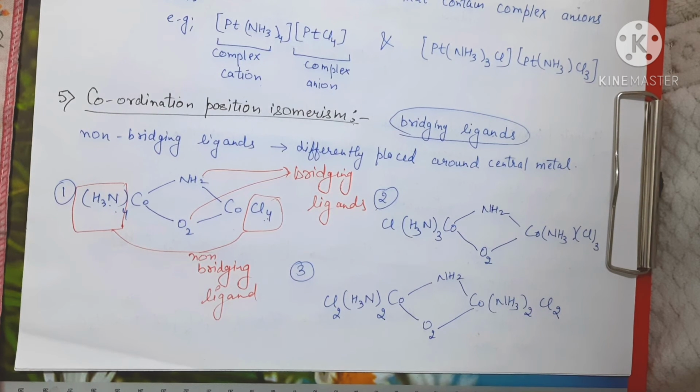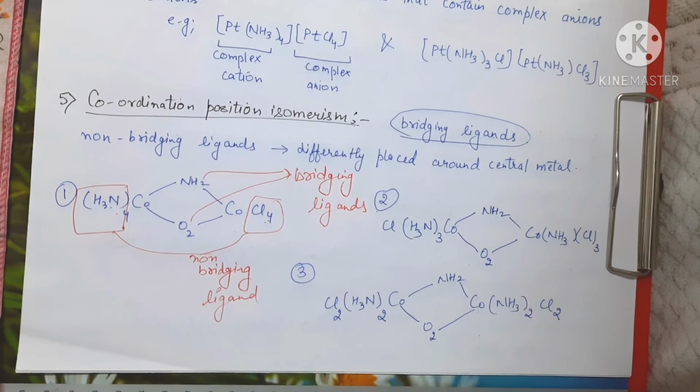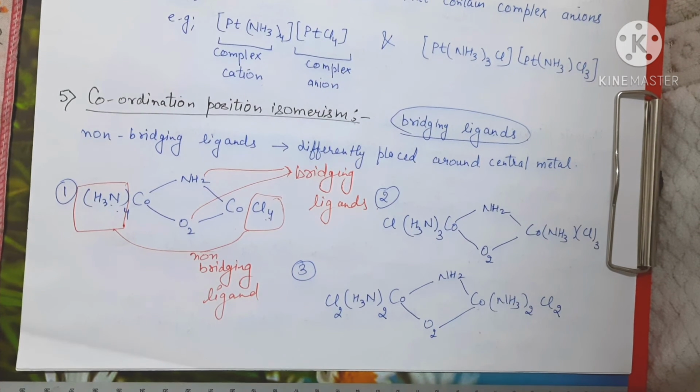Also you need to have three-dimensional analysis of the given compound, so that you can find out where the plane will be present, where the center of inversion is, and from where we have to cut the molecule. That we will cover in the next topic, stereoisomerism.